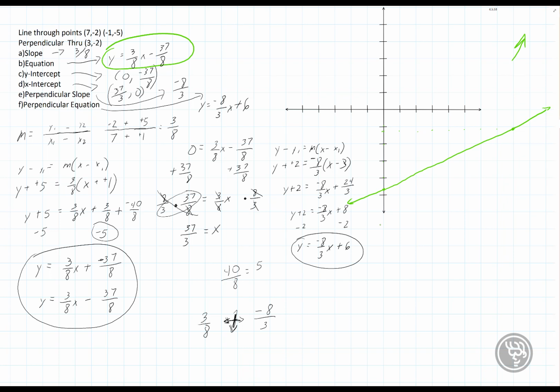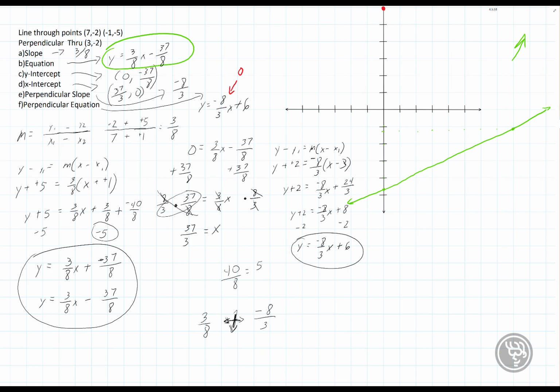Okay, let's try the second line. We know if we plug in 0 for x, then y is equal to 6, positive 6. So from here, we're going to go up 1, 2, 3, 4, 5, and our point is way up there at the top.